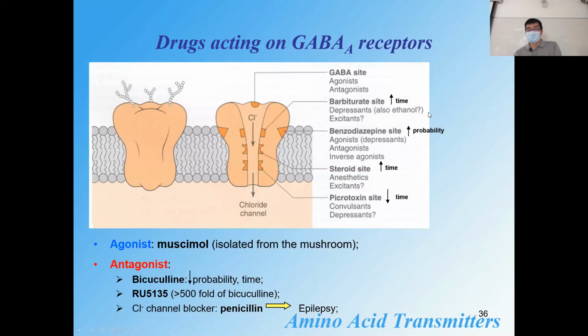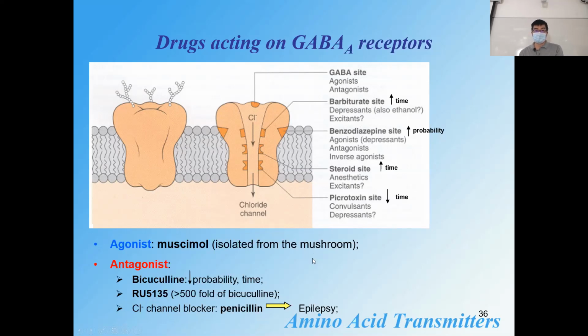Now, this group is benzodiazepines, which actually help the agonist. Benzodiazepine is a very famous drug that a lot of people abuse because it's anxiolytic. I'll talk about what anxiolytic means. There are steroids that can bind as well. There are also other drugs. So there are agonists or antagonists.